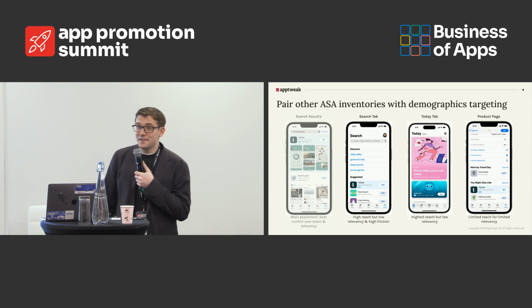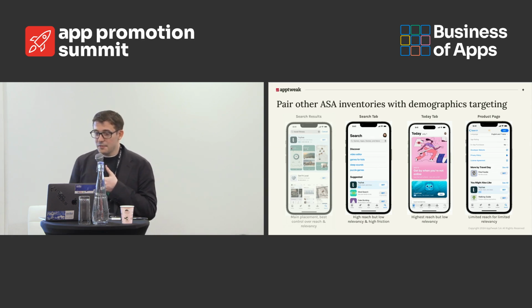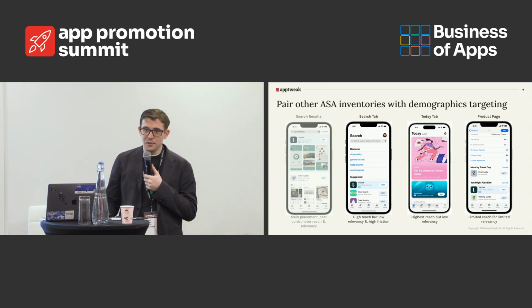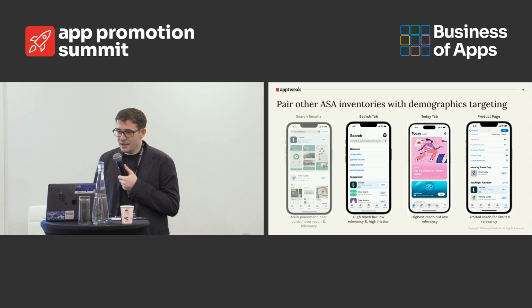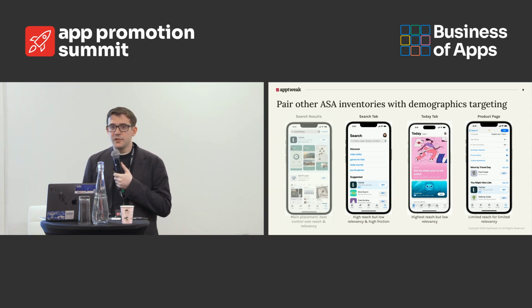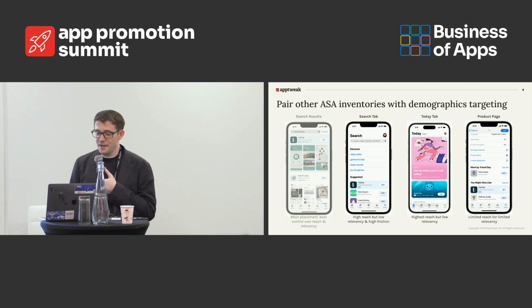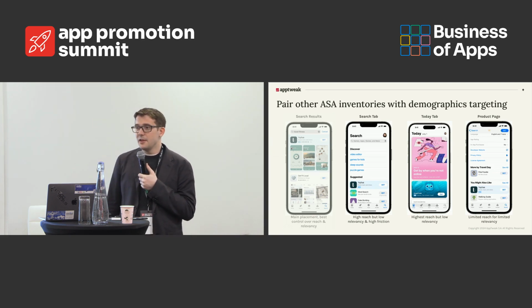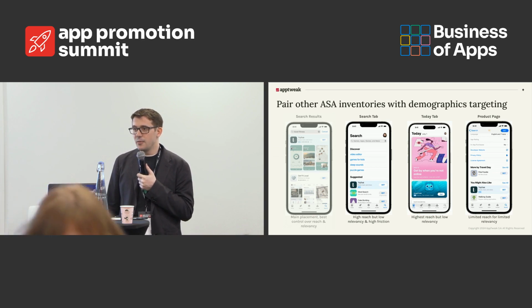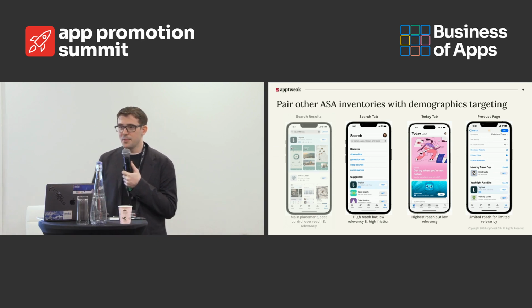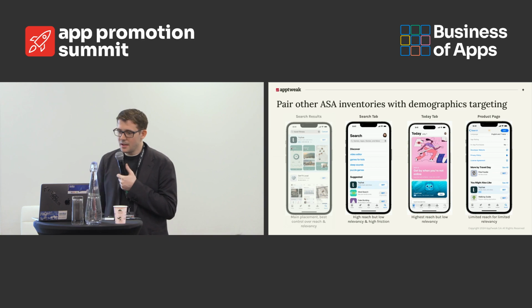The one caveat is that if we look at non-search results campaigns, I tend to not love them a ton because they have much lower relevancy. We can see a much higher gap between our cost per tap and our cost per install.